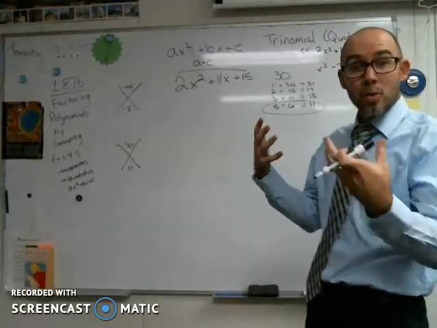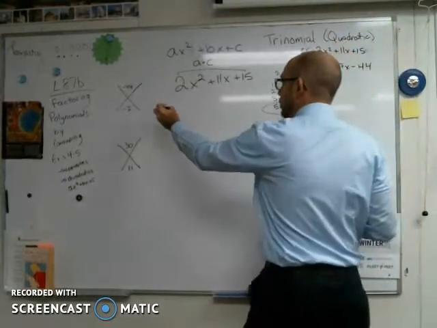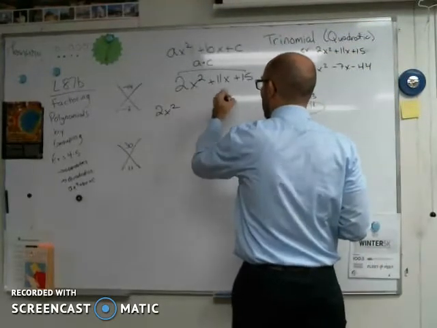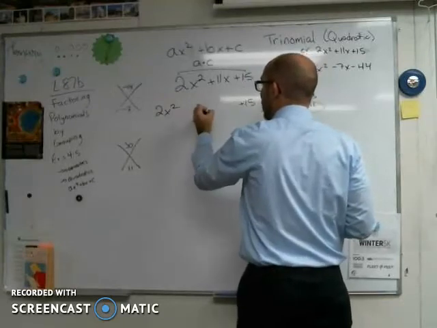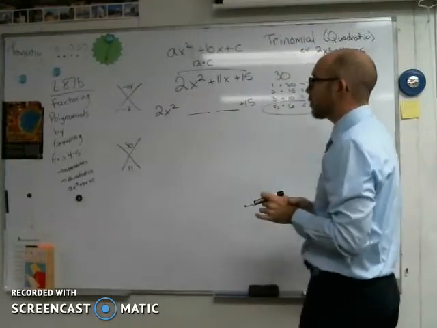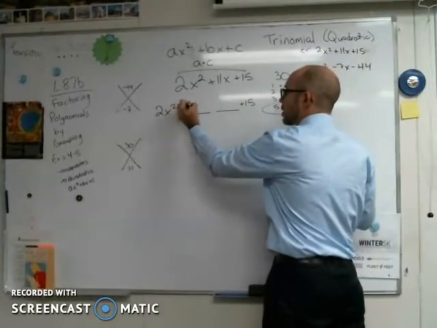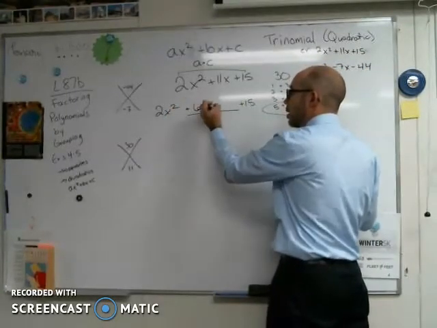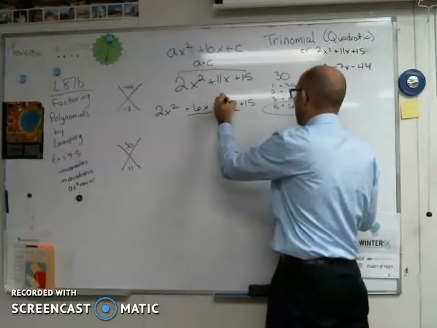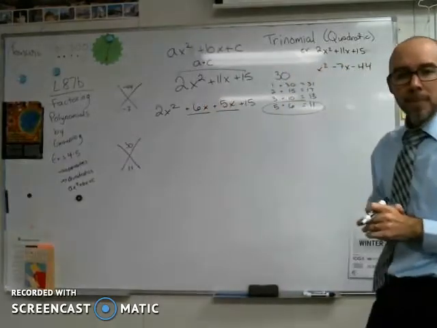And now we can rewrite this problem. We rewrite the part at the beginning, we rewrite the part at the end, but we're going to leave 2 spaces for the stuff in the middle. And I'm going to put a plus 6x here and a plus 5x there.